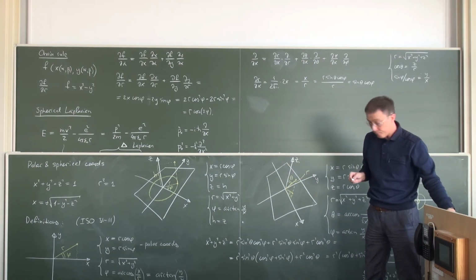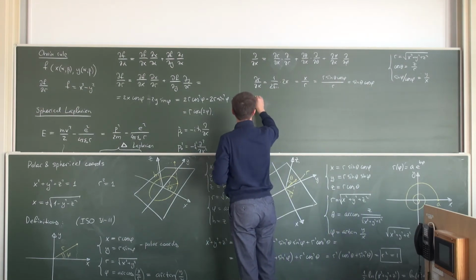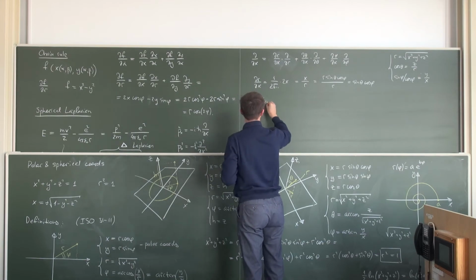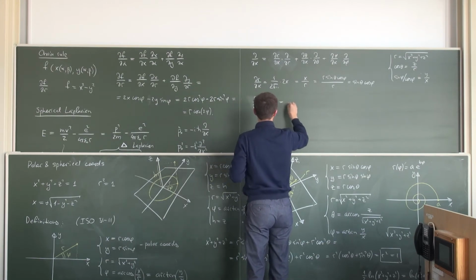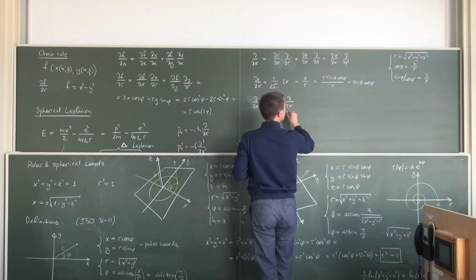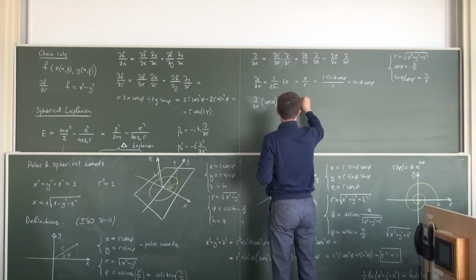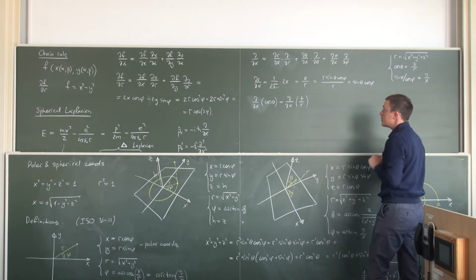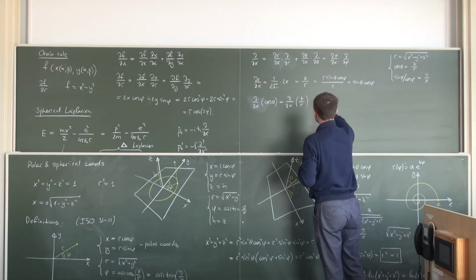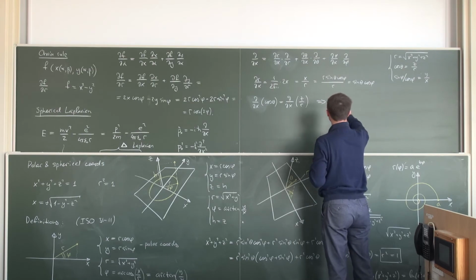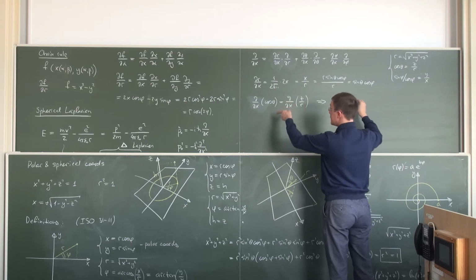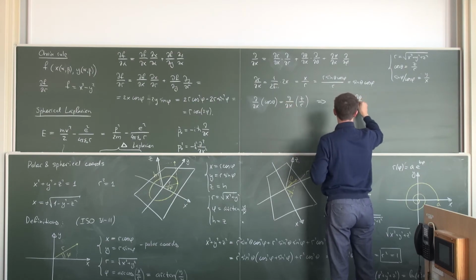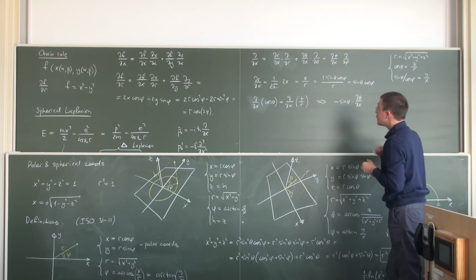We will take d by dx of cosine theta equals d by dx of z over r. Cosine theta is easy to differentiate, so we would have minus sine theta times d theta by dx, which is what we are looking for.